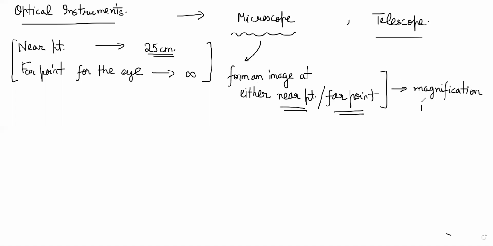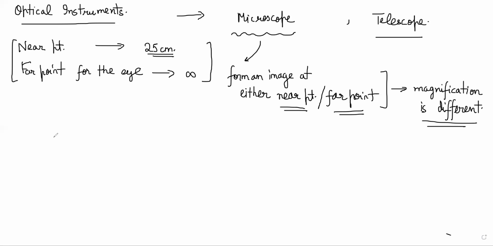Magnification is obviously different. It's the same instrument, but if you operate it in a particular way, your magnification will be different. And if you operate it in a different way, your magnification is different, right?